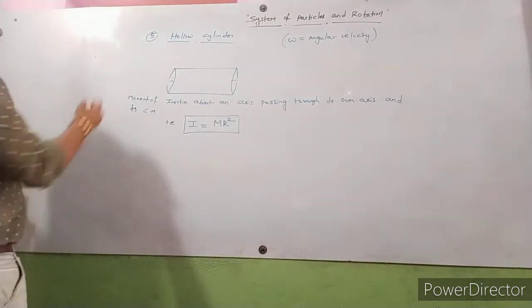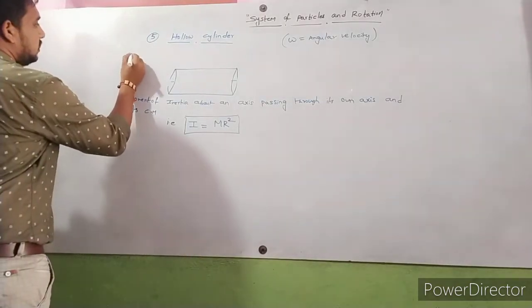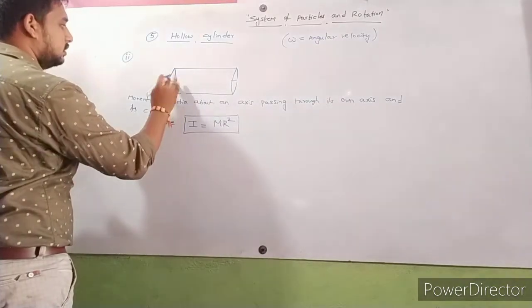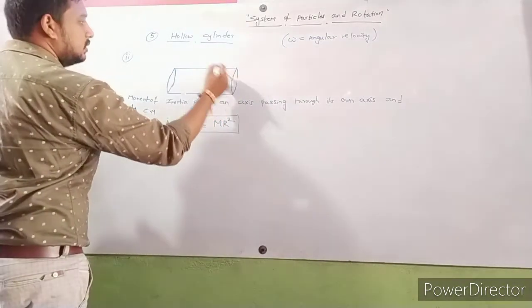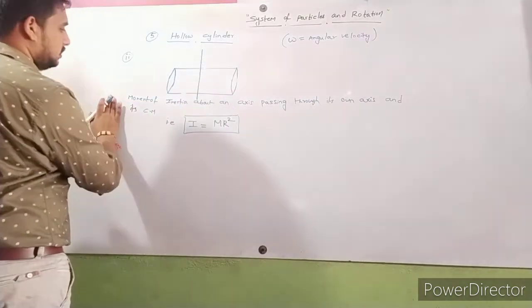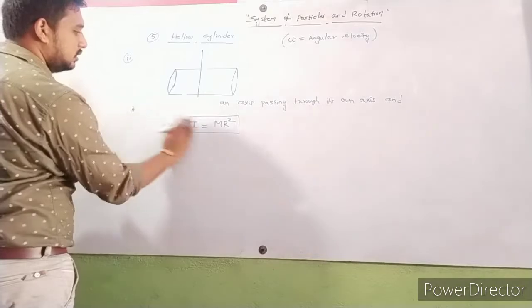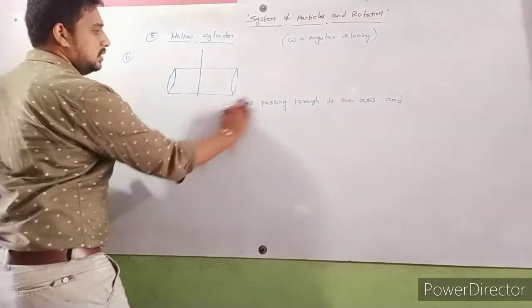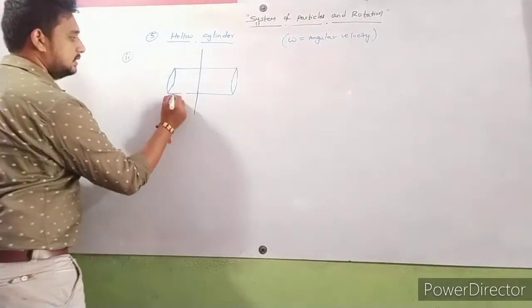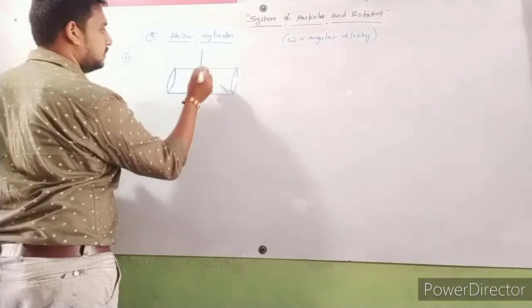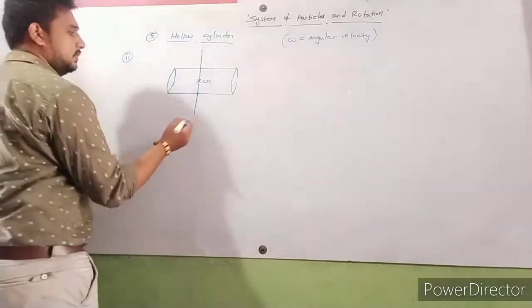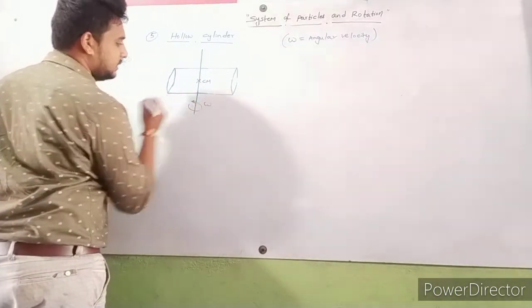Case 2. So this is an axis, and this is the center of mass. So this is rotated like this.